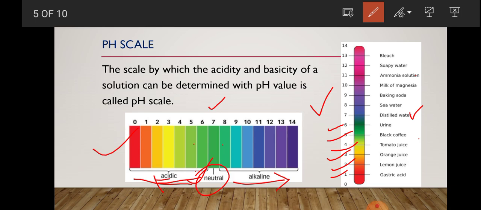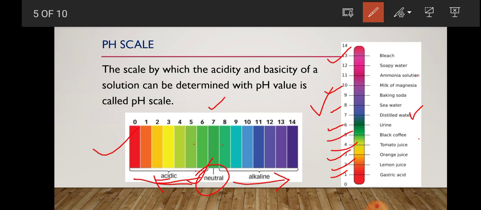On the other hand, the seawater's pH is 8, that is above 7, that means it is alkaline, and baking soda pH is 9, and milk of magnesia pH is 10, that is they are basic or alkaline solutions, and ammonia solution pH is 11, whereas bleach has pH 13, and this is a strong base.